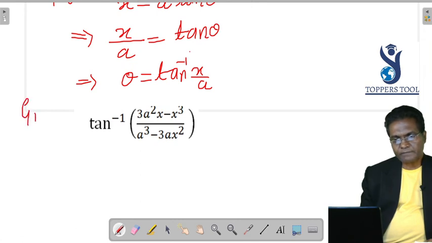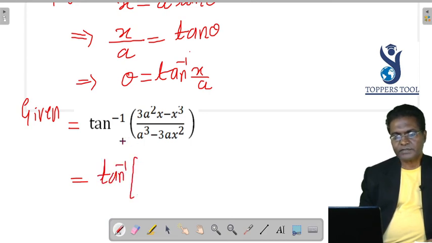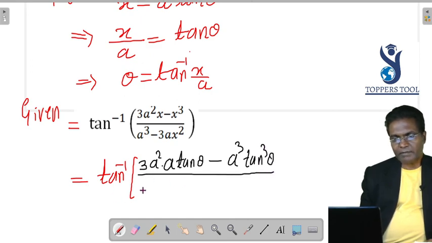This is your given. So substitute. Tan inverse as it is, 3a square as it is, and your x is a tan theta. So I write a tan theta minus x cube means a cube tan cube theta, divided by a cube minus 3a into x square means a square tan square.